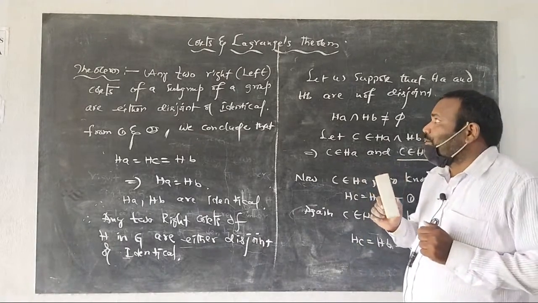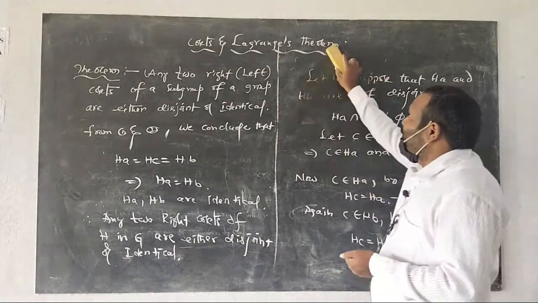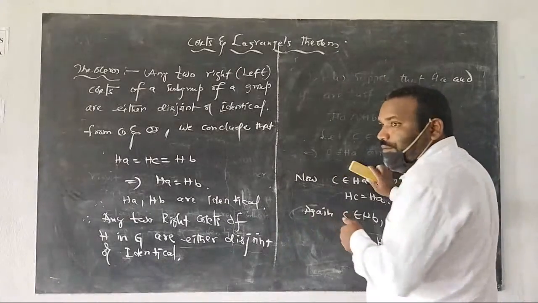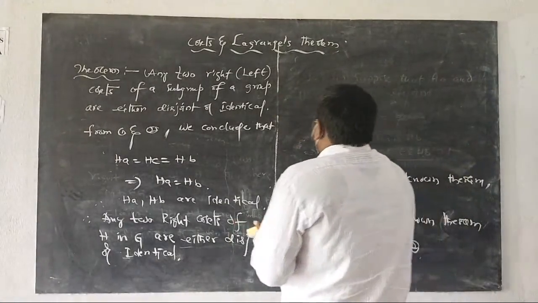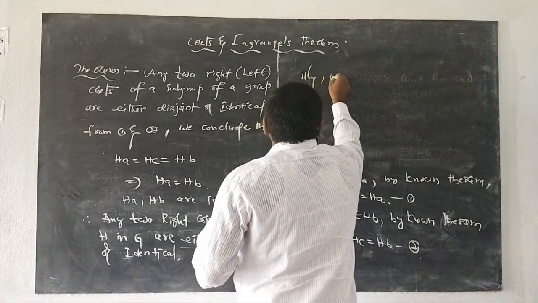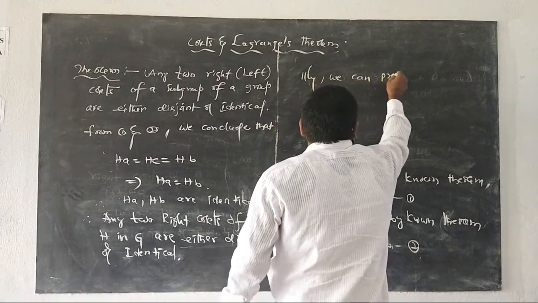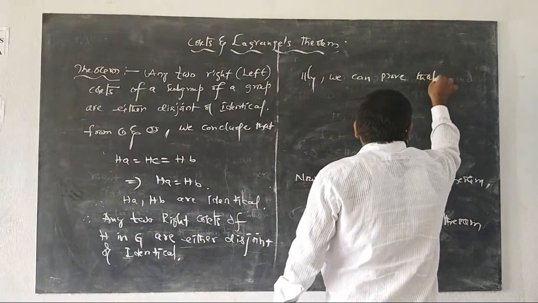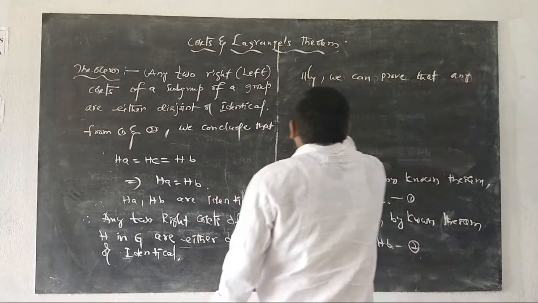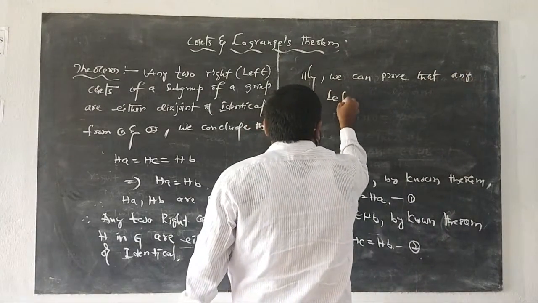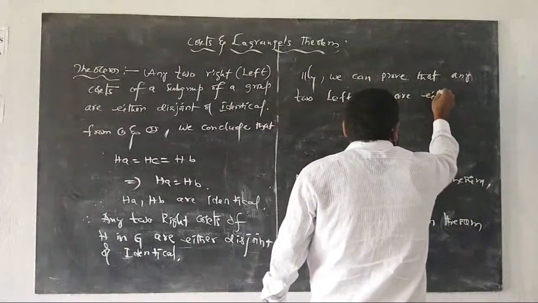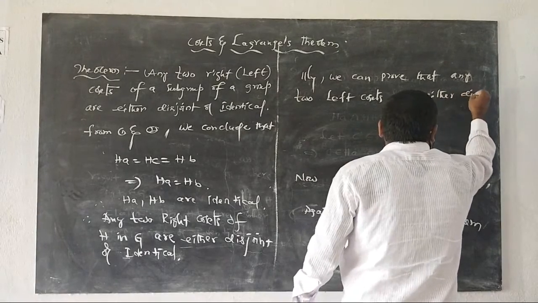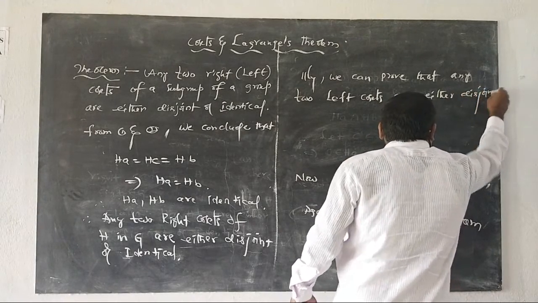I won't write the proof; similarly, we can prove that any two left cosets are either disjoint or identical.